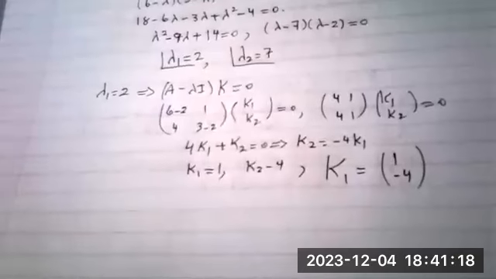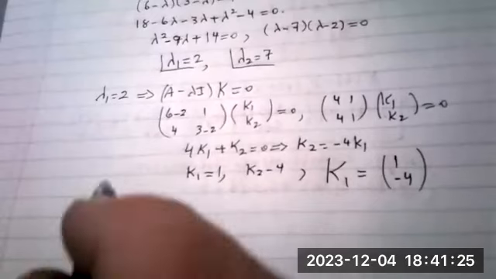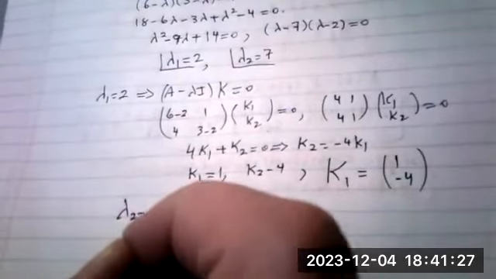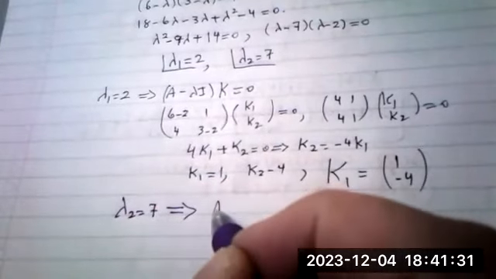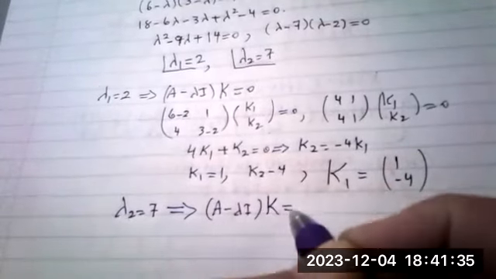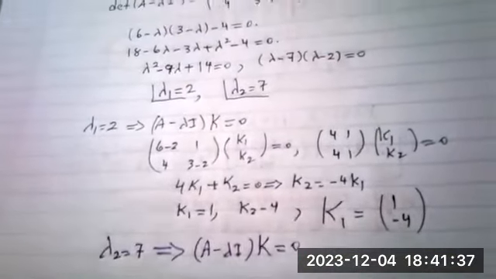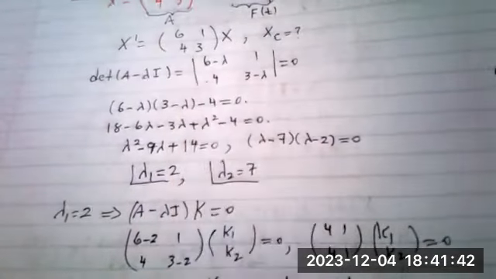Okay, you have to repeat it for lambda 2 equal to 7. Same thing. Again, form A minus lambda I times K equal to 0. In this case, you go to the matrix and you substitute lambda here.